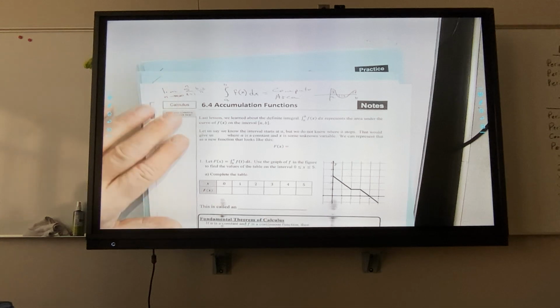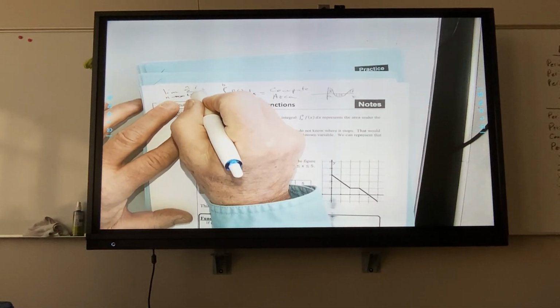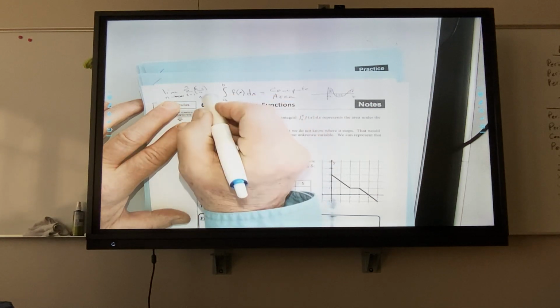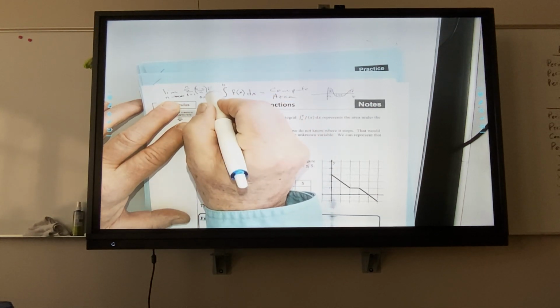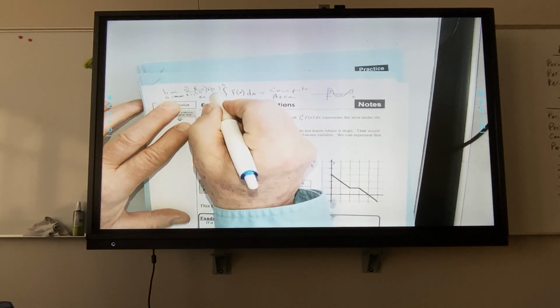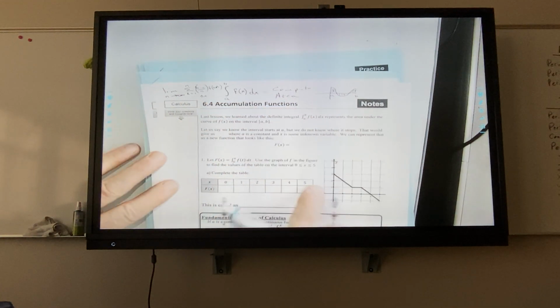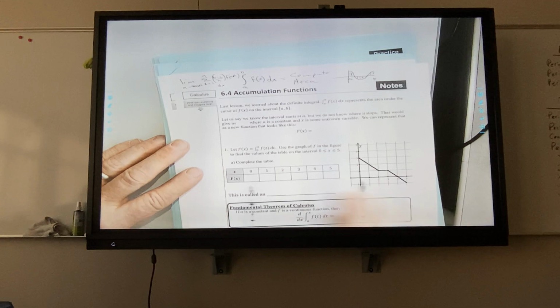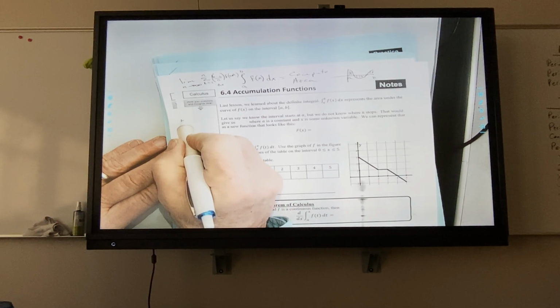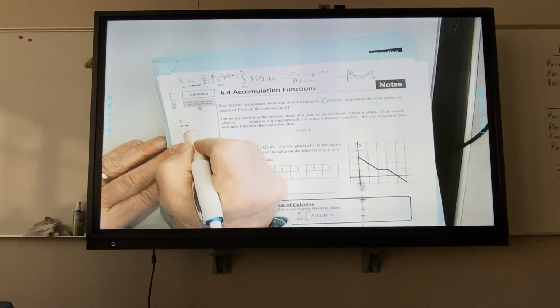Where two things are being added. This right here, which is the width that we call delta x. And then we put in a function, a value. That value starts at A, and we're going to add this delta x. That is really messy. I'm going to rewrite it over here. The limit as n goes to infinity.